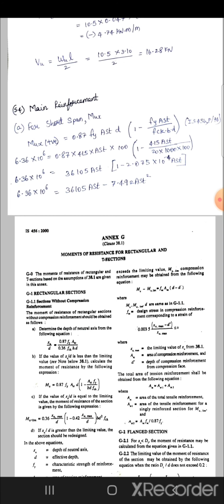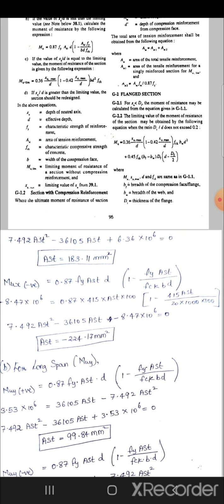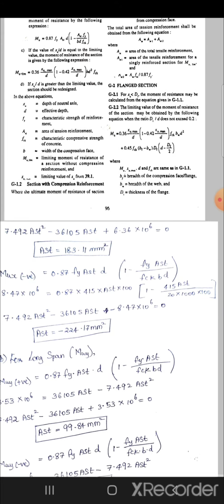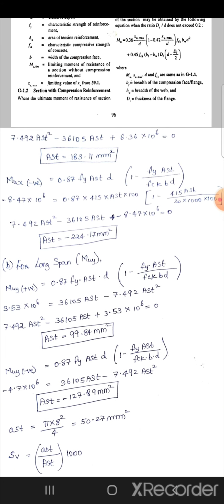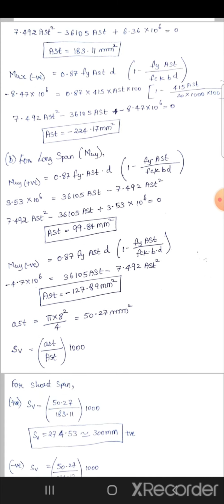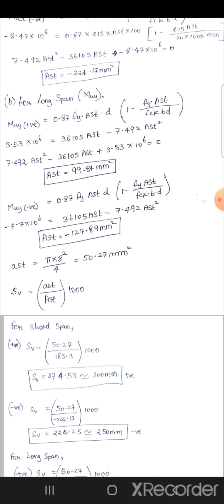The answer for short span positive main reinforcement is Ast equal to 183.11 mm square. For negative, Ast is 224.17 mm square. And for long span, main reinforcement positive is Ast 99.84, negative Ast is 127.89.